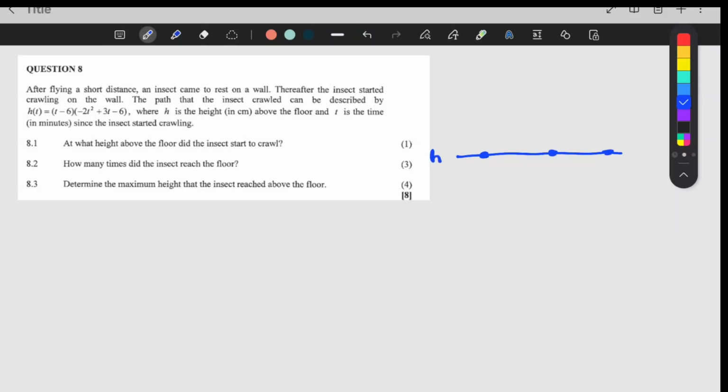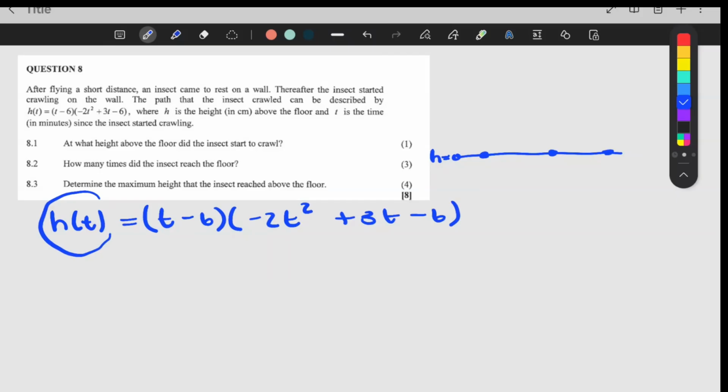There's no height. So here's my equation. So what I'm going to do is, I'm going to make my height 0. So this is height in terms of time. So 0. And then I'm going to solve for t.